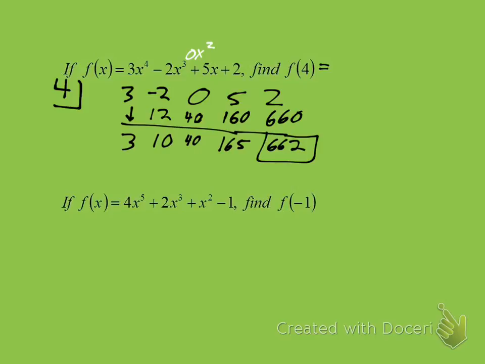We plugged it in, we got negative 8. We did synthetic division, or what was negative 8? Okay, but then what are we trying to find here? We're trying to find what f of 4 is. So now apply it. What's the answer? It's a different style. 662. That's all you want.